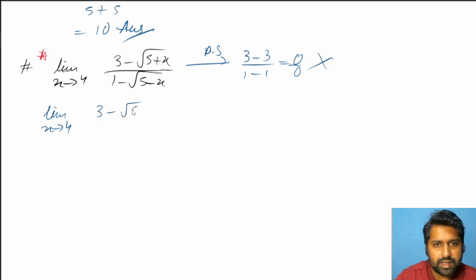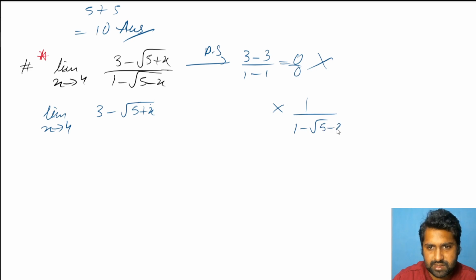How do we do that? Write down the numerator like this, 3 minus square root of 5 plus x, and then write down the denominator after some space, 1 upon 1 minus square root of 5 minus x. Do the rationalization of this first.